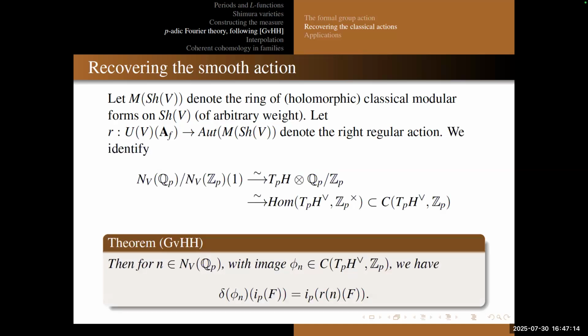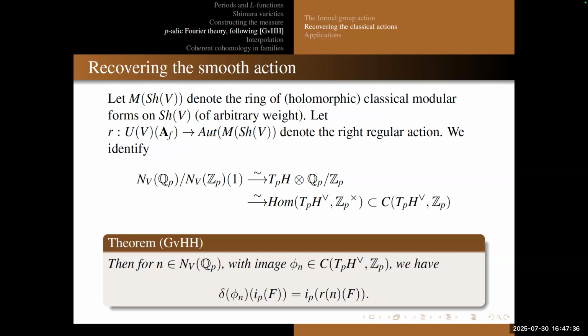And here it is. This is the statement that if the function is locally constant, then if you want to translate by a specific element in the p-adic points of the group, you can get that. Let me write it this way.